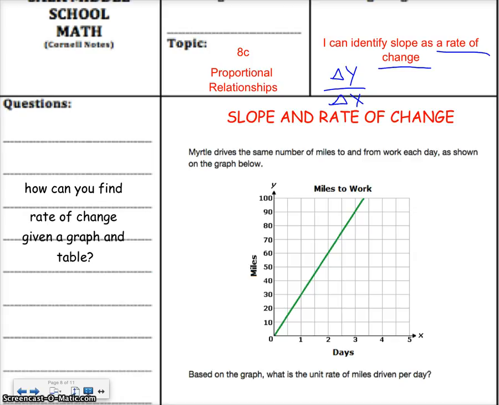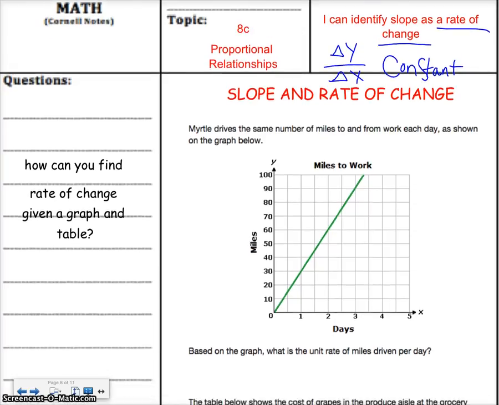And what's nice about slope is it is a constant rate of change, meaning once your line starts increasing or decreasing, it is not going to change. Your y will always change the same, your x will always change the same. So, you need to know that.